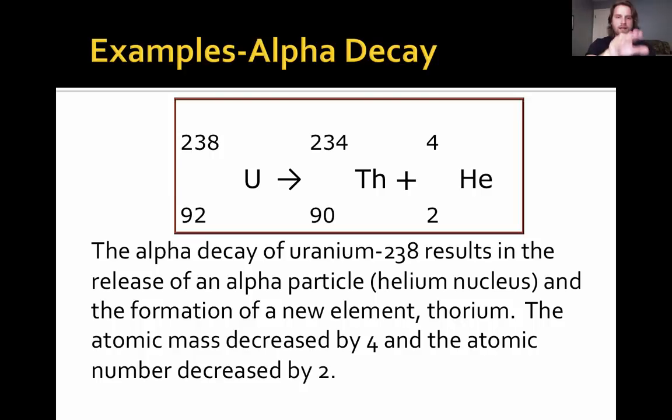It's 238 equals 234 plus 4. Checks out. If we look at 92 equals 90 plus 2, that checks out also. And remember, when you're trying to figure out what the new element is, you just look at what the atomic number is. In this case, 90 is thorium. So that's a good way to actually look at this.